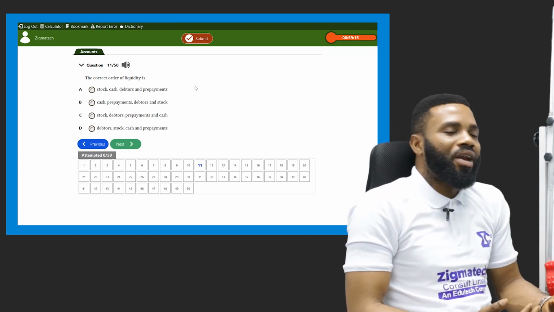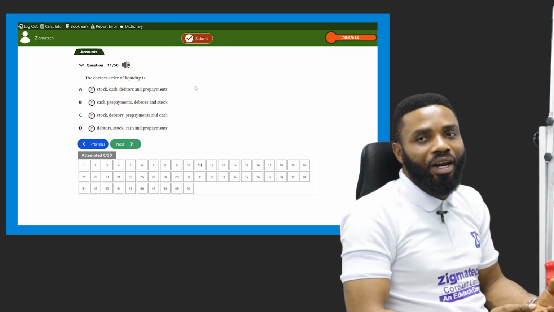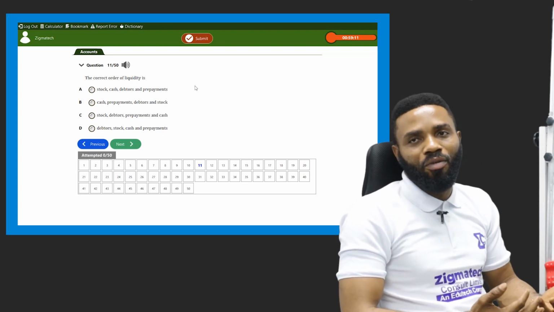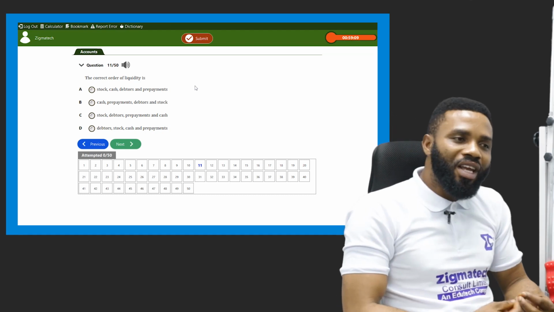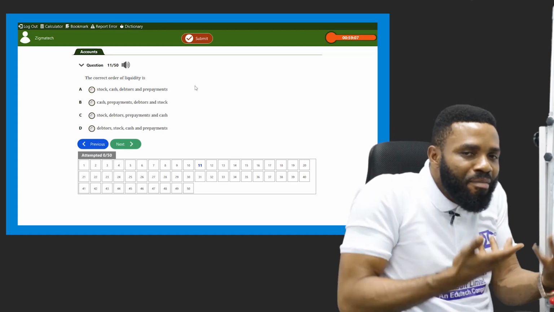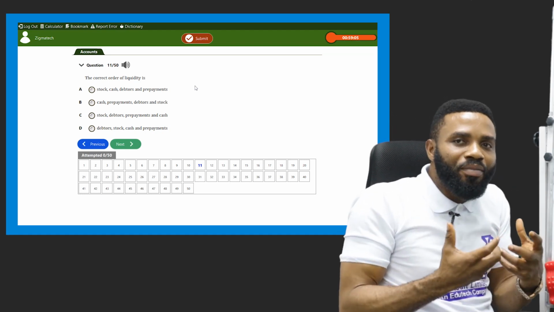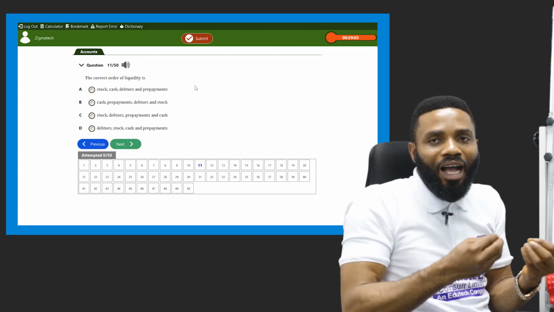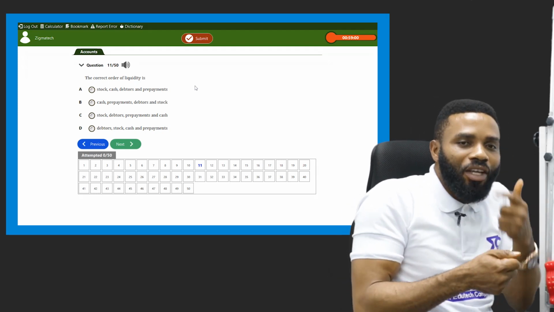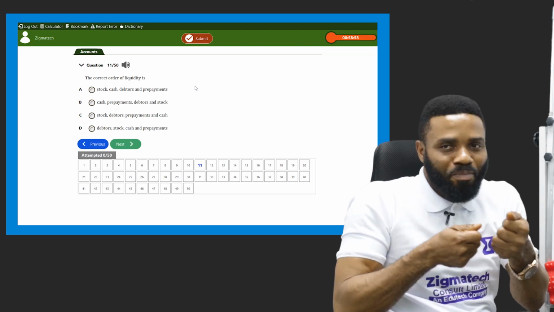When we talk about current assets, remember we have said current assets are assets that may not last for more than 1 year. So we are looking at an asset that can easily slip out of our hand, that can easily be converted into cash or into something that you can spend.